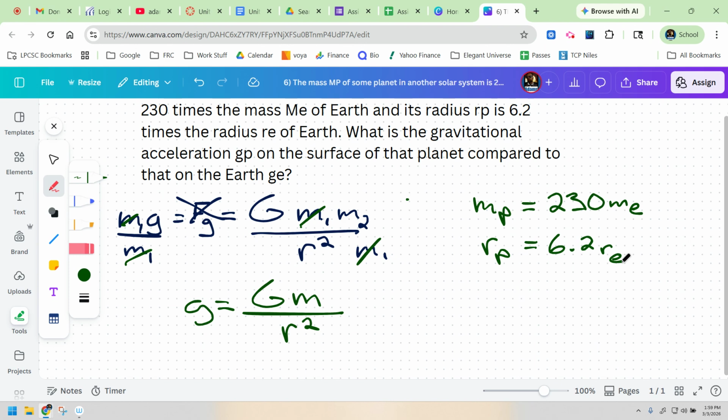So there's two ways you could do this. You could calculate this, in other words, if I wanted to find the acceleration due to gravity of this planet, I would have to know the mass of this planet and the radius of this planet, and I could actually calculate that.